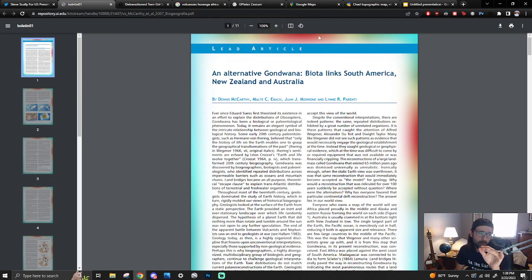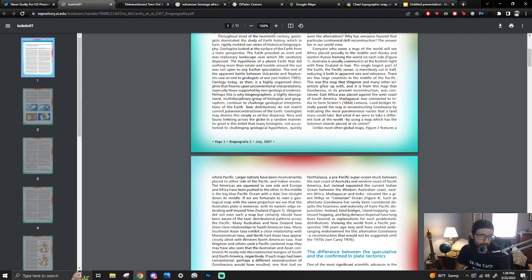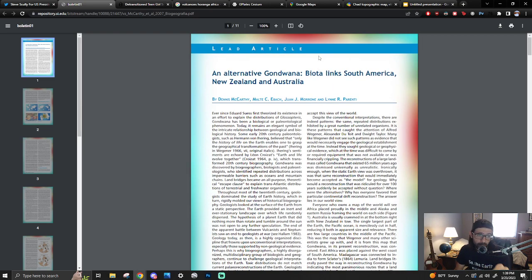Okay. An alternative. This is an article from 2007 called "An Alternative Gondwana: Biota links South America, New Zealand, and Australia." So yesterday, I had this thought. Why don't I go to Google Scholar?